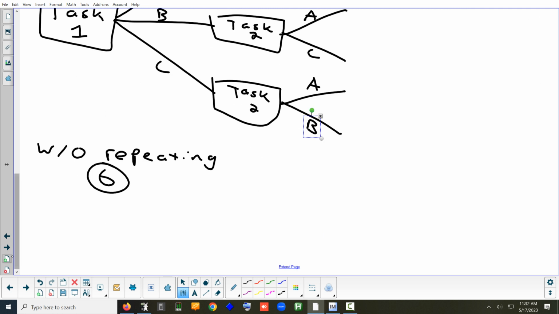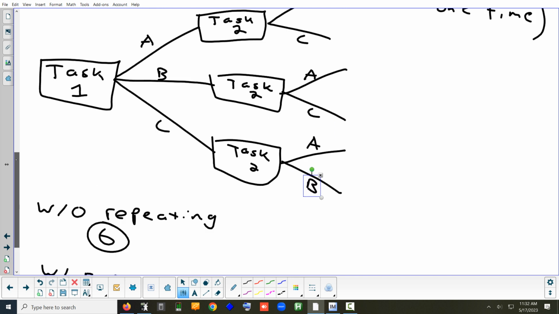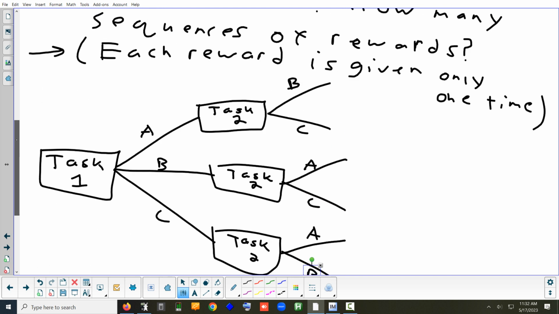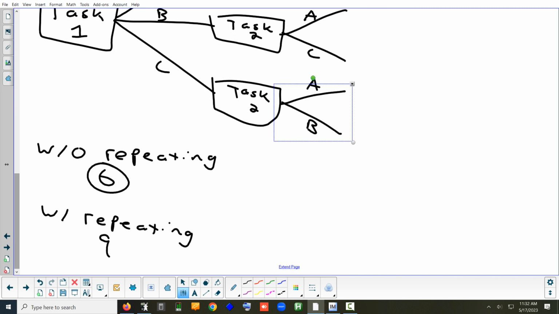Okay. Now, what about if we had repetition? How many pathways would there be if a reward could be repeated and it's not used up after you give it out? There would be 9, because you'd have an extra path here for A, an extra path here for B, and an extra path at the bottom for C. So that would change it a little bit.